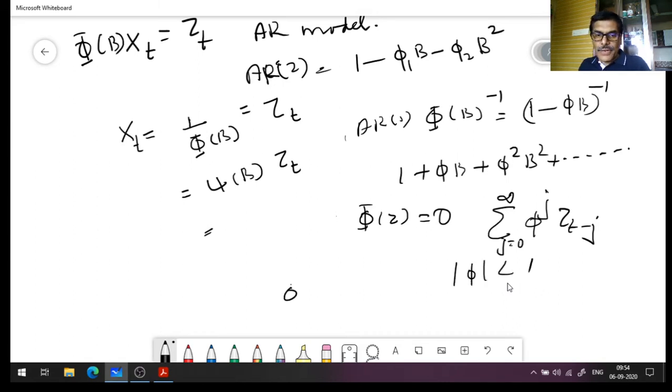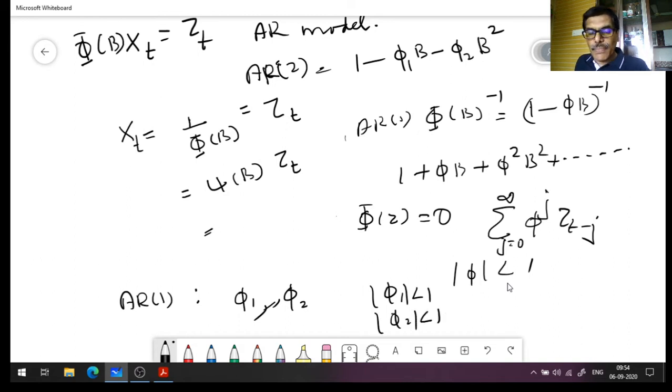Now, in the case of AR2, I have to put conditions on phi 1 and phi 2 such that they lie in a certain range. So you may think, is it this condition? In fact, this is not. This is a much larger area. This entire area is not available. There are some conditions that we are going to put, and this is not the region. We are going to see that in a minute.